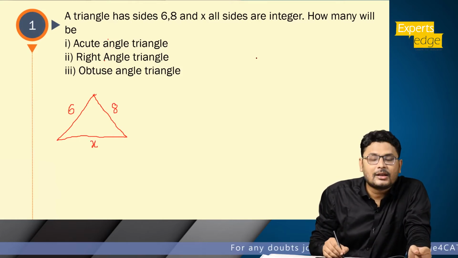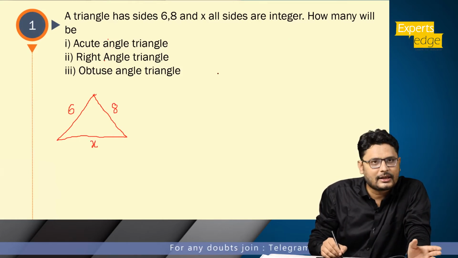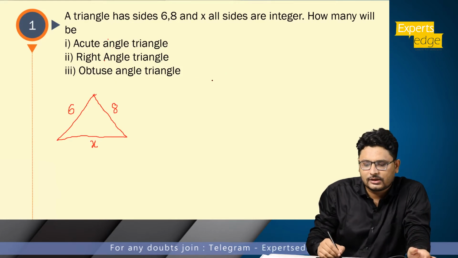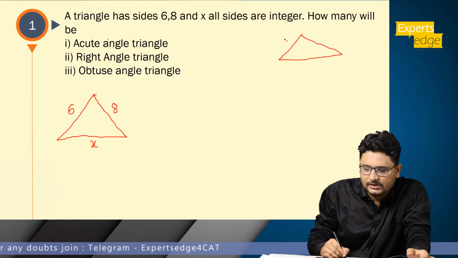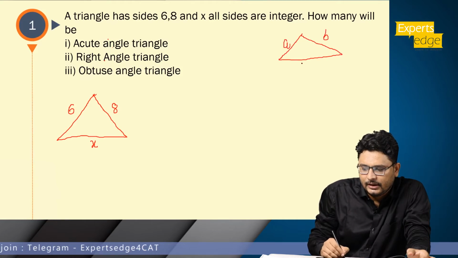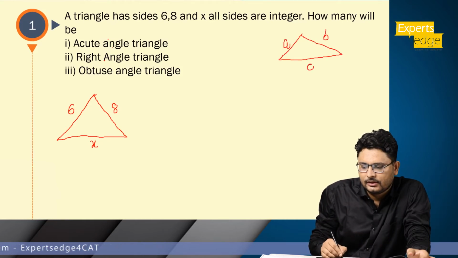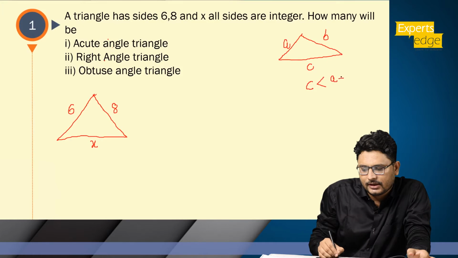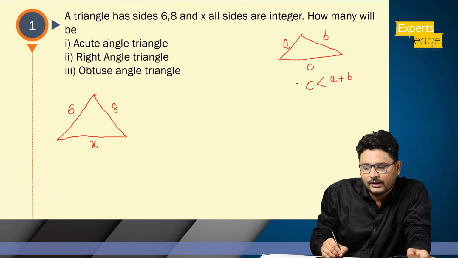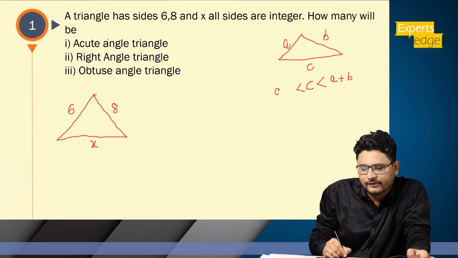I hope you remember in the last class we did, if in any triangle two sides are given, what is the range of the third side? Let me just draw it here. If this is my A, this is my B and this is my C, so let's say third side C. The range of C is, it has to be less than A plus B. It has to be less than the sum of the two sides and it has to be greater than the difference of the two sides.